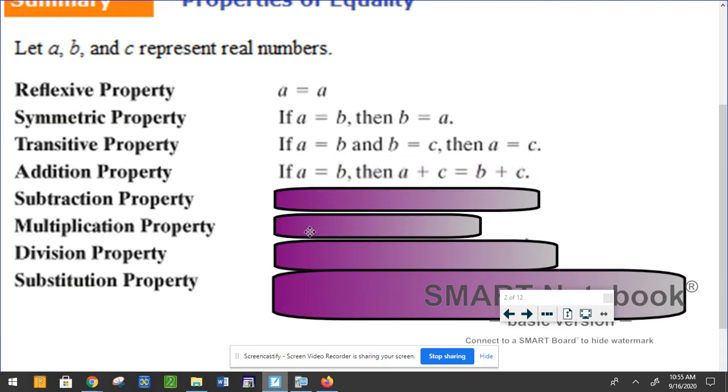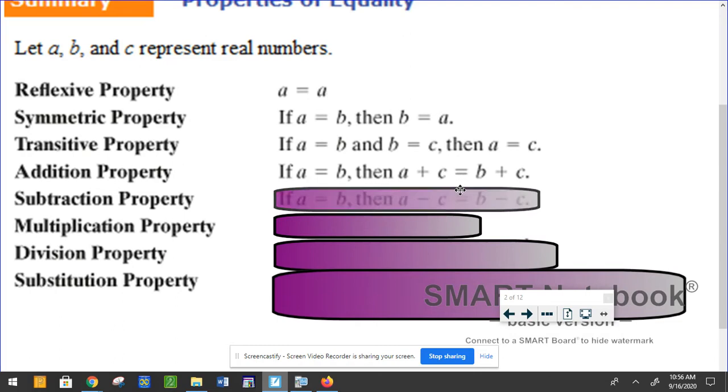The addition property. All the next four are primarily the ones that you think of when you solve an equation. What that means is if you already have an equation that's true, A equals B, then if you add the same value C to both sides, it's still equal, right? If you add the same thing to both sides of an equation, it's still an equation.